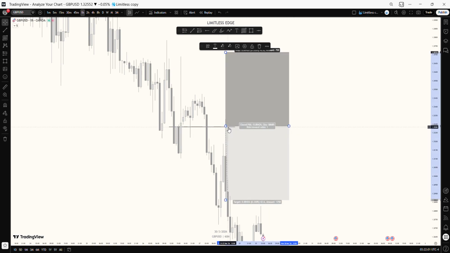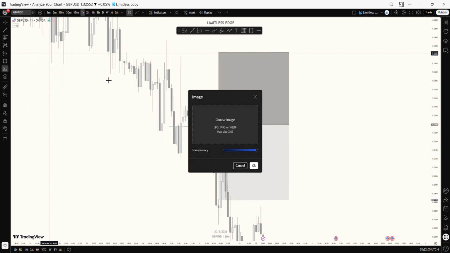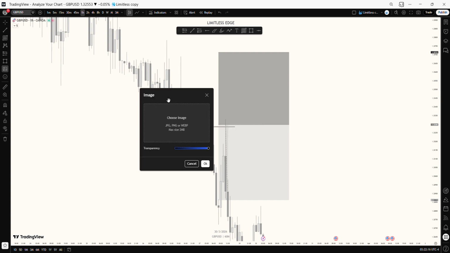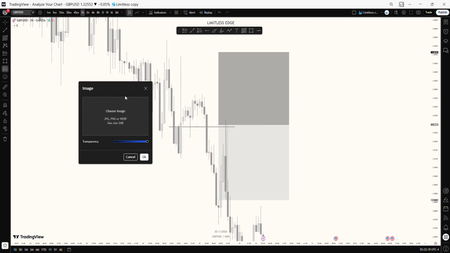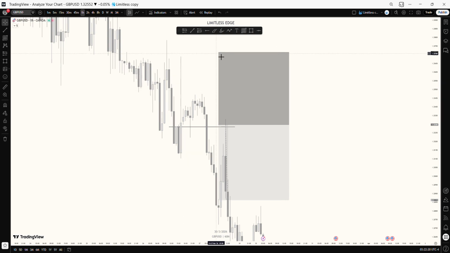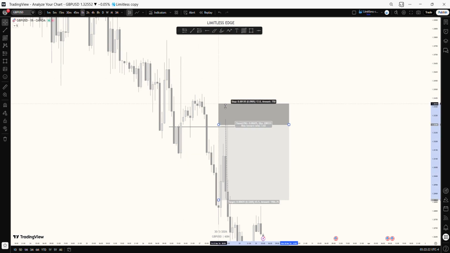Let me see if I still have the before of the trade. I'm trying to show you, but I don't have it here. It's on my mobile phone. So that was how I executed this.